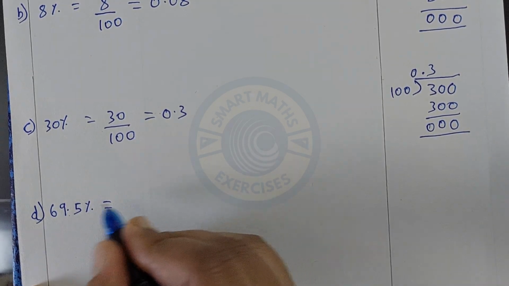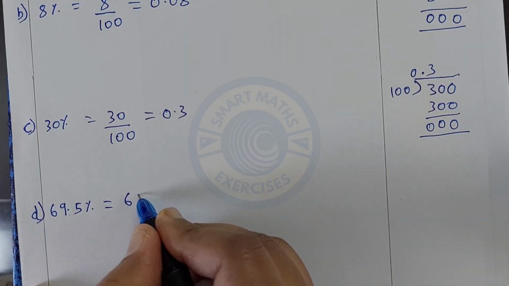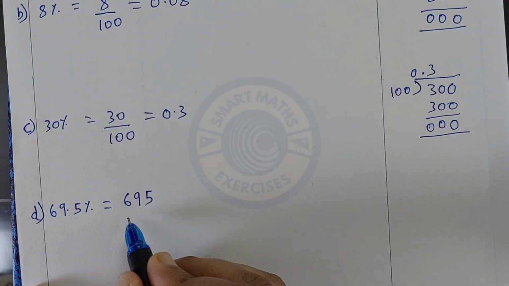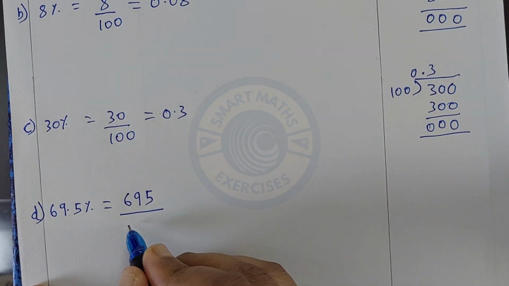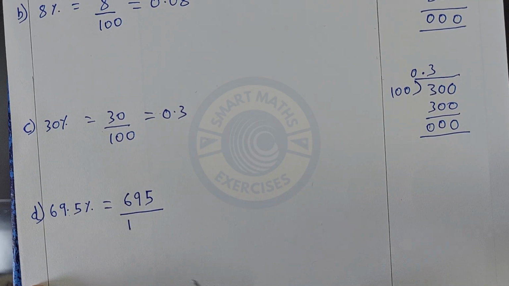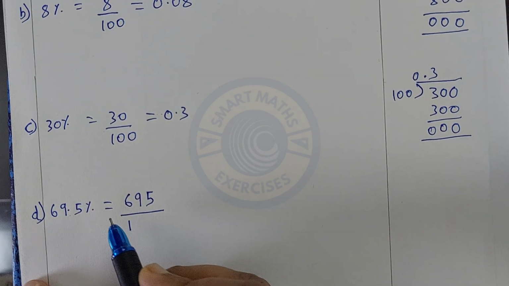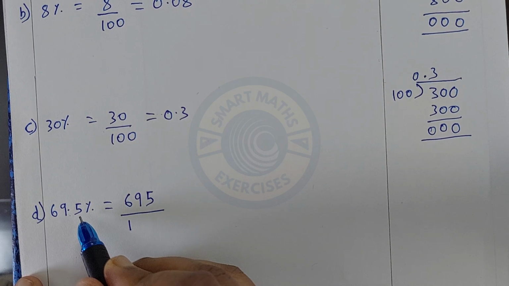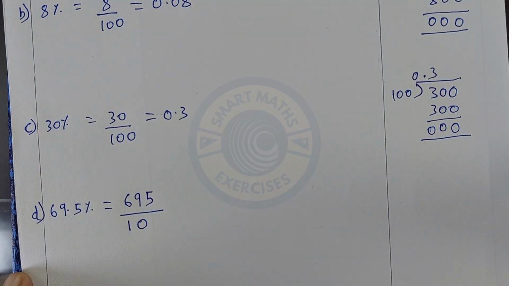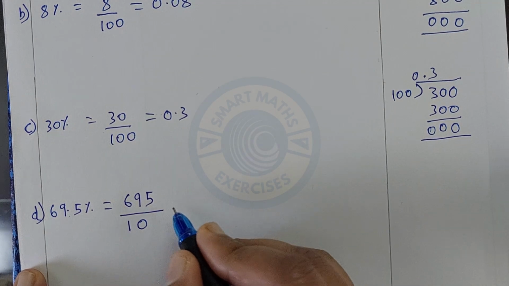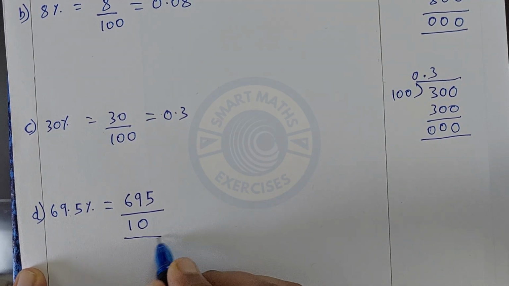How we can do this is write 695 in the numerator and write 1 in the denominator and add zeros. After decimal point there is one number, so you can add 1 0 here. And then divide with 100.